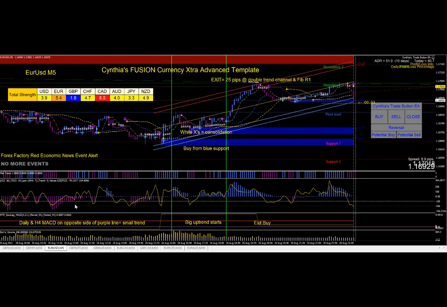This is the 5-minute Euro US dollar chart for those of you who like to scalp, and I've drawn green lines for your buy entries, and we had two. This was pretty much close to the end of the day on Friday. You can see a lot of consolidation, and then a little bit of an up move, and then more consolidation, which is shown by the white X's.